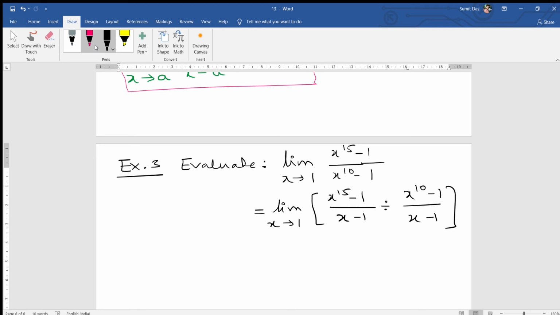Can I write like this? Let me know. Why? Because division means next line it can be multiplied, and x minus 1 will be here. So x minus 1 and x minus 1 are cancelled. Understood?